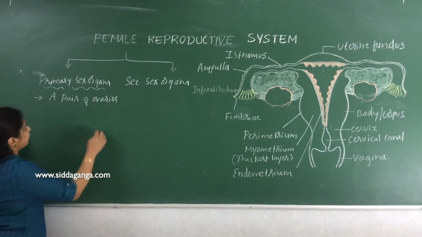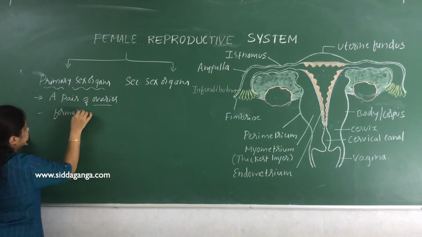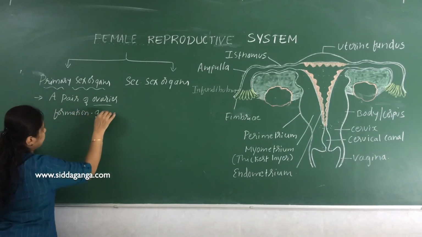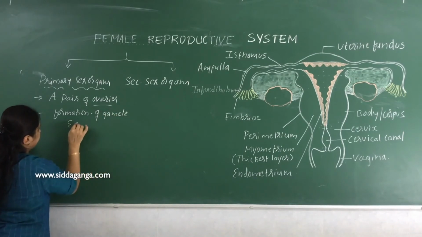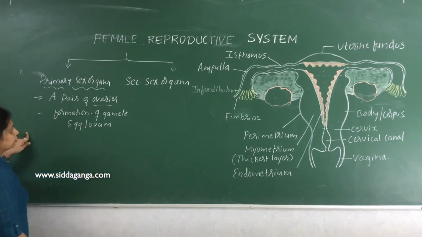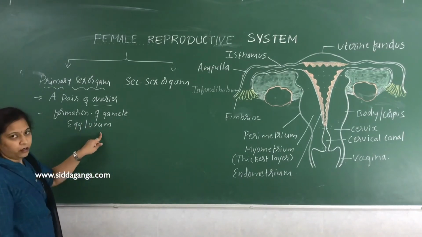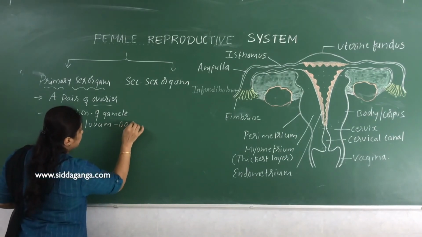So what is the function of ovaries then? They help in the formation of a female gamete. So the female gamete is called what? Egg or ovum. So the formation of the egg or ovum, that is the female gamete, is called oogenesis.